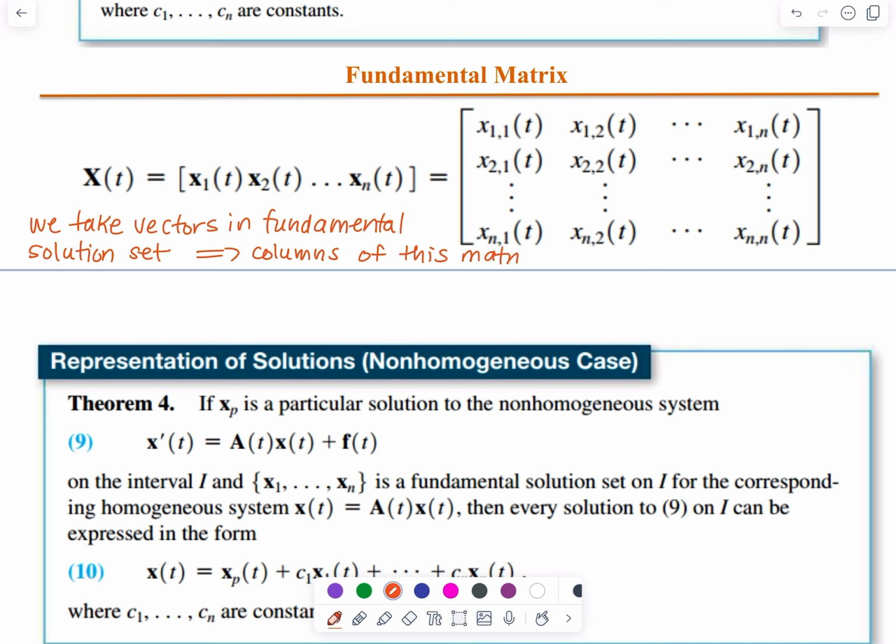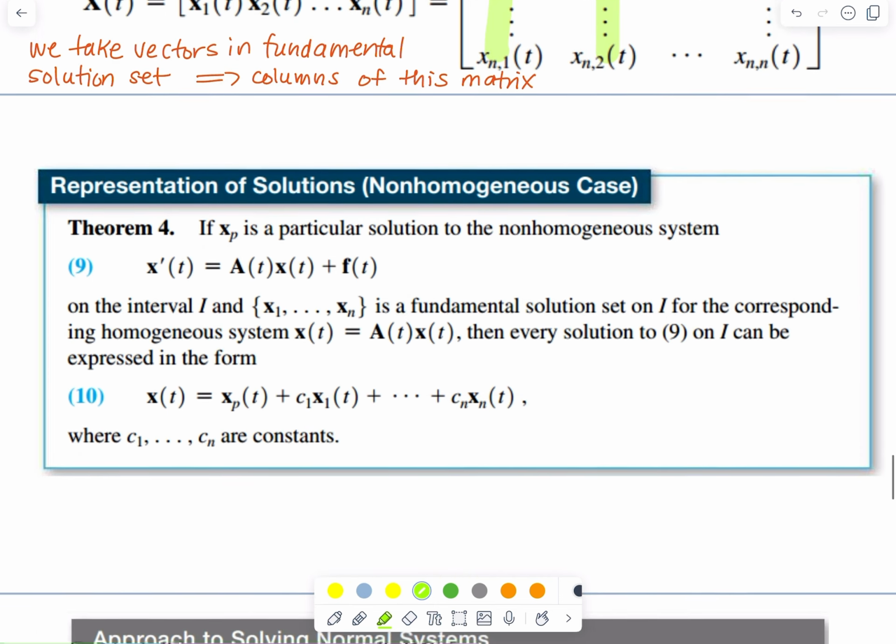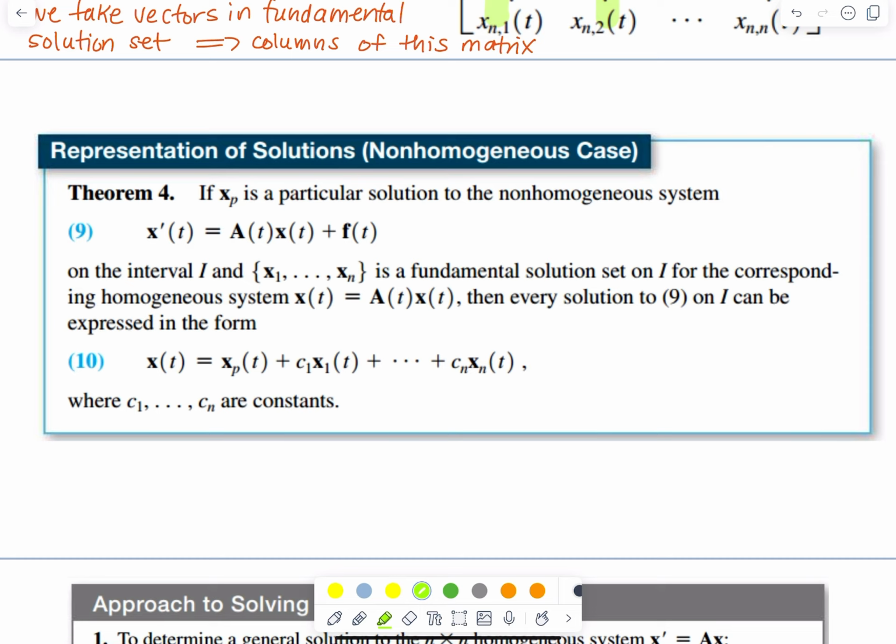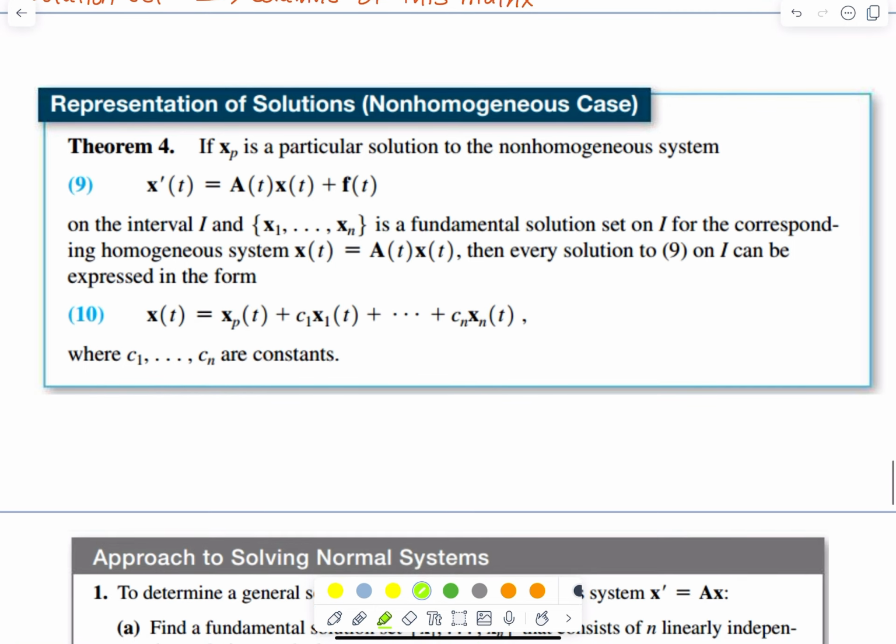And you can see them right here. Okay, so if x of p is a particular solution to the non-homogeneous system shown here, so this is our non-homogeneous case, then every solution can be expressed in this form.